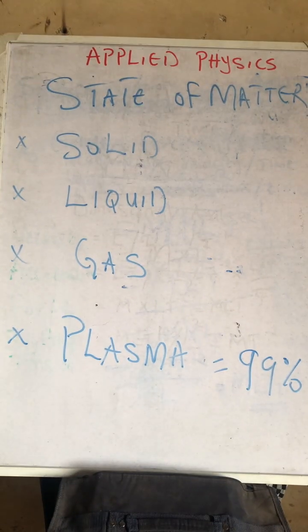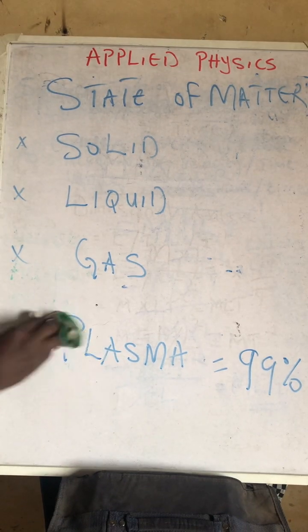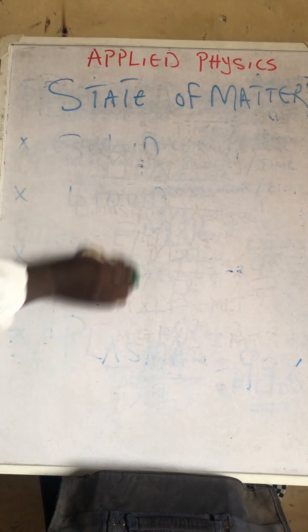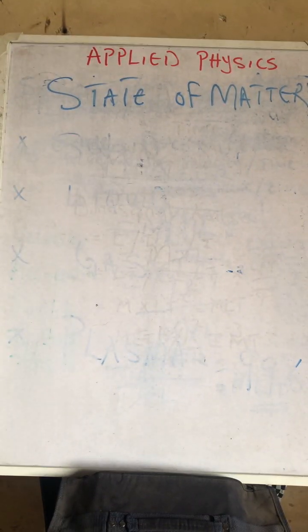And I'll be explaining this to you. But we are going to be looking at their conversion, their conversion from one state to another. Now, gas can be converted to liquid.